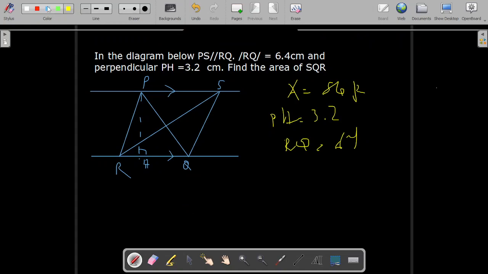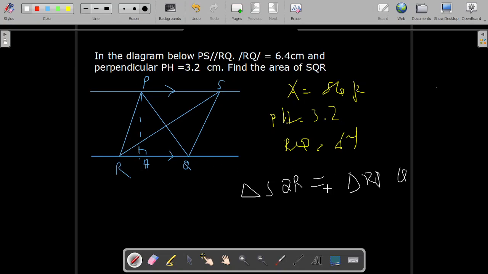Thus, the area of triangle SQR, which we have to find, is equal to the area of triangle RPQ, because the triangles lie on the same base between the same parallels.